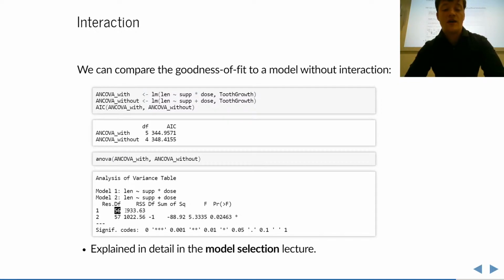But in this case it says this difference is worth that extra parameter because the difference is significant. So look at the direction of effect, which one has less variance left, and then see whether that is a significant difference. But we'll talk about that in the second lecture.